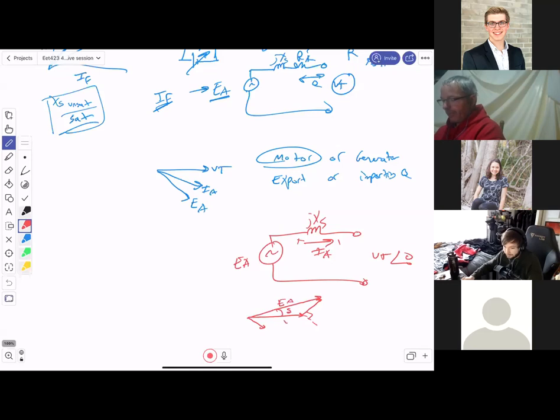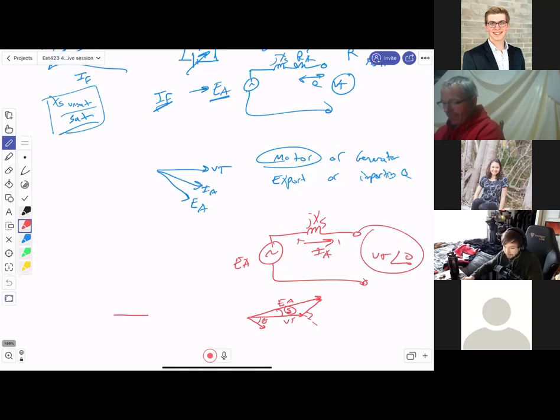With a lagging power factor, does everybody see why that's a lagging power factor? Current lags the voltage. Remember, we're using this as our reference point, so it's lagging at the output of the terminals. So we have a lagging power factor, and we see that delta is positive.